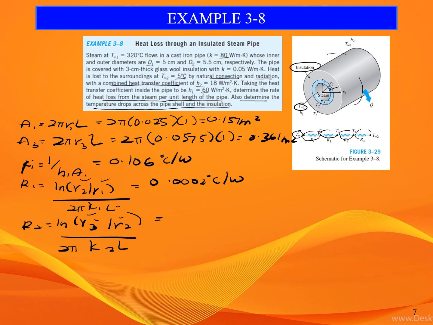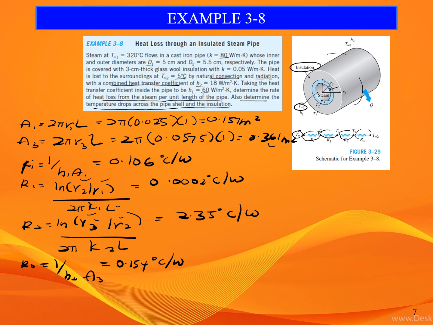The answer would be 2.3 degrees C per watt. So lastly, Ro is 1 over H2 A3. H2 is the given combined heat transfer coefficient, 18. Use A3 and you will get 0.145 degrees C per watt.